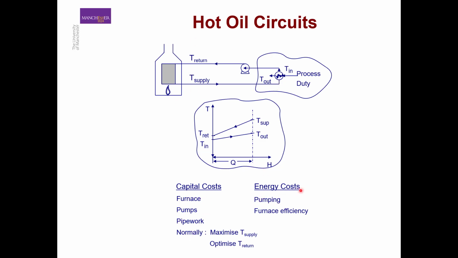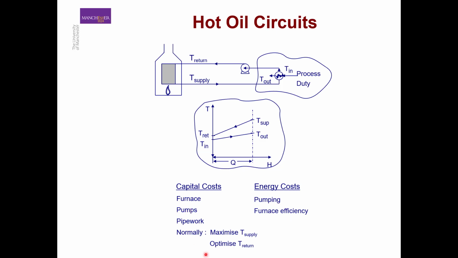For the energy cost, we have the pumping, because we have to provide power to the pump, and then the fuel itself, because we have to supply fuel to the furnace. Depending on the efficiency of the furnace, we define the quantity of oil that we need to provide. If the furnace is highly efficient, we need to provide less oil, but if the furnace is poor in efficiency, we have to provide large quantities of oil.